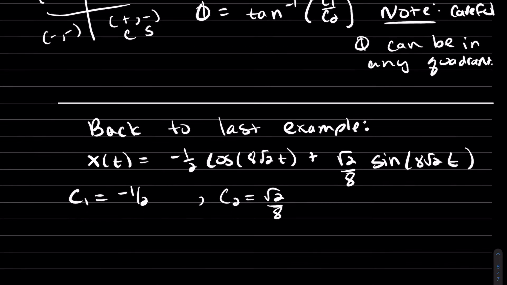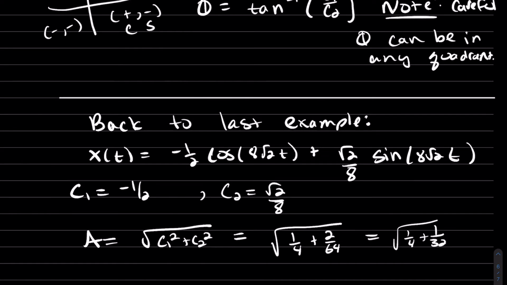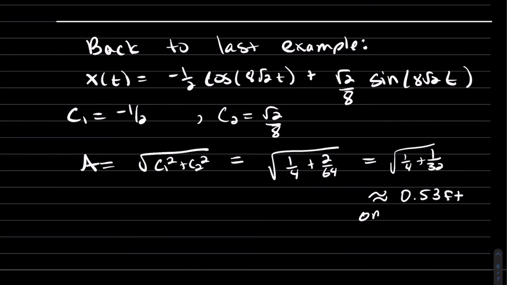So we can find A is the square root of C1 squared plus C2 squared, which is the square root of 1/4 plus 2 over 64. And use the calculator, because I wouldn't have to simplify it if I needed to. 0.53 feet, or if you want to look at it in inches, convert that to 6.4 inches.